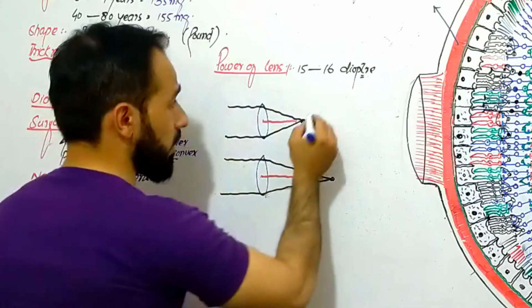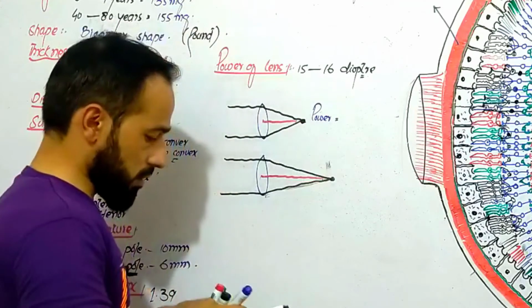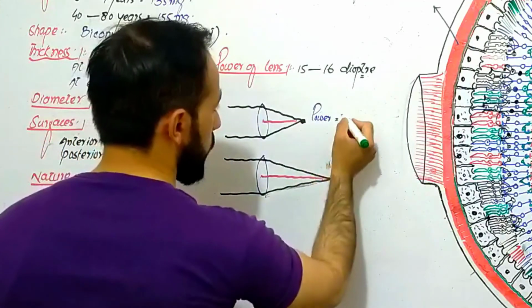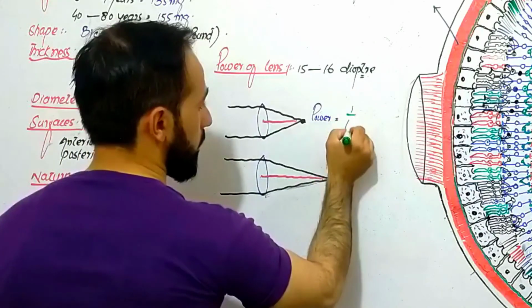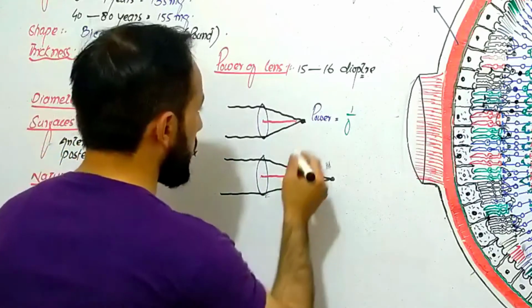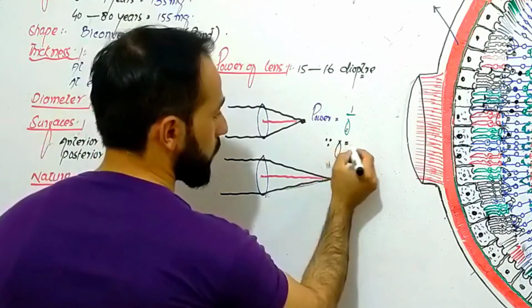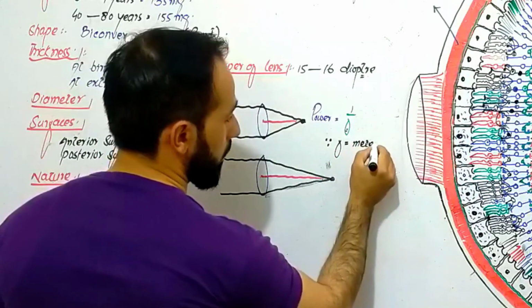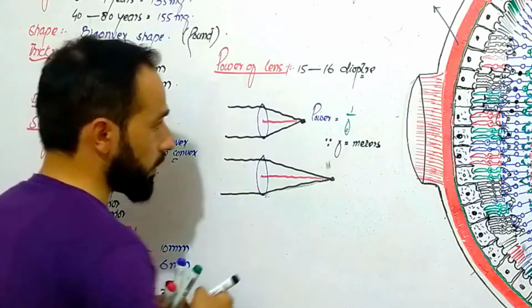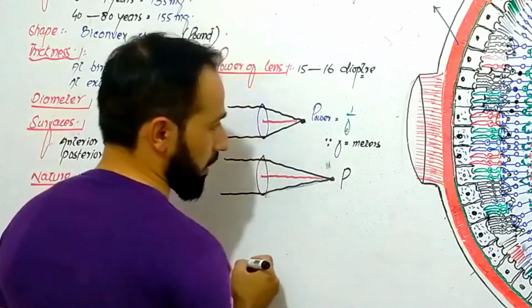The formula for power of the lens is: power of the lens is equal to 1 divided by focal length, right? And since we take the focal length in meters, we will do the calculation like this.